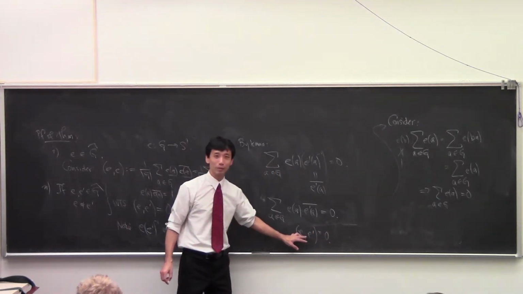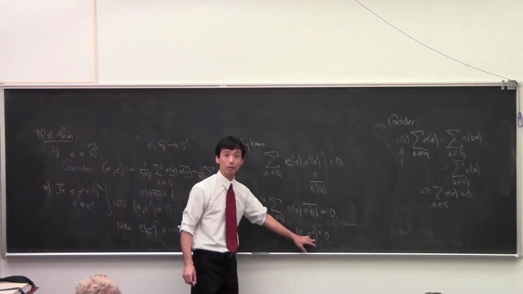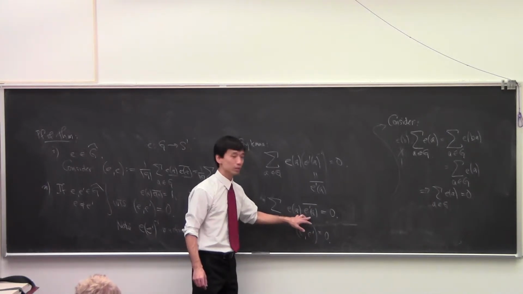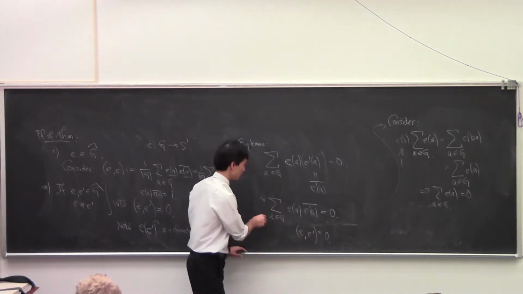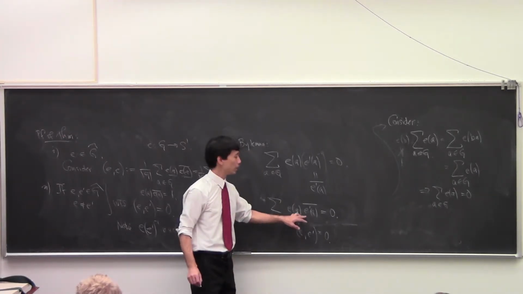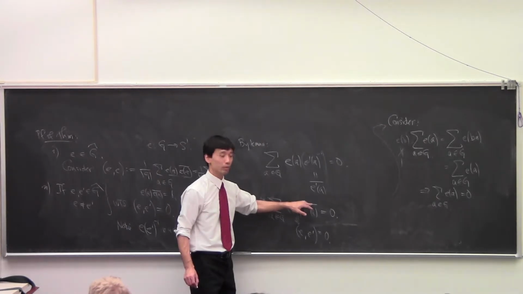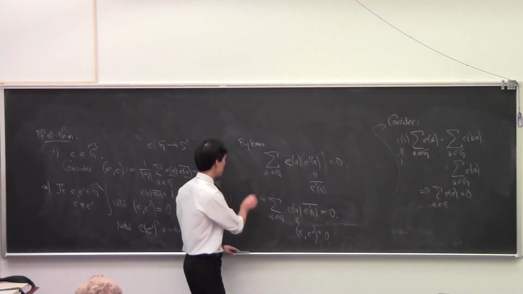Let's look at it backwards, because that's actually clear. We're trying to show that E against E prime is 0. These two statements are the same. Then you say, okay, what's E prime conjugate? This is the complex conjugate, right?